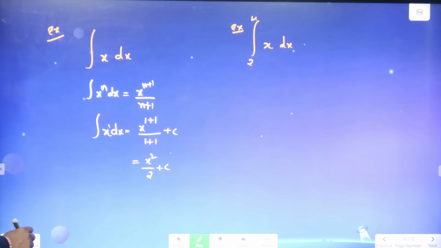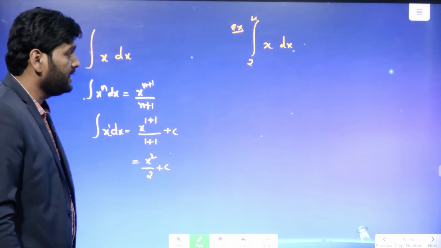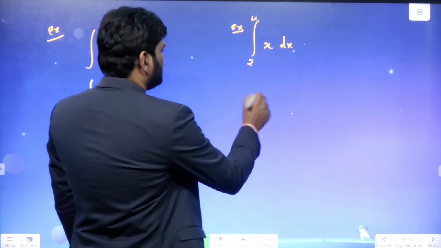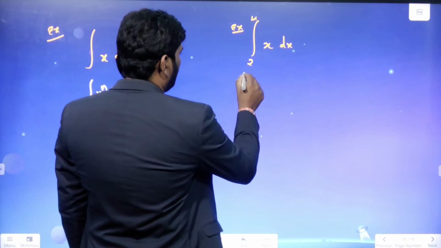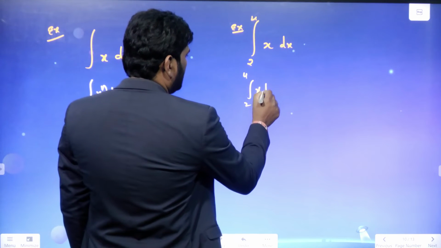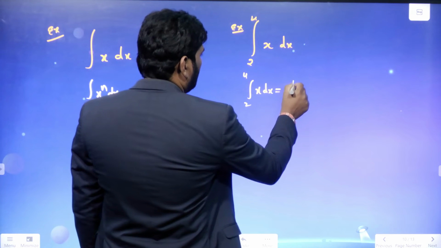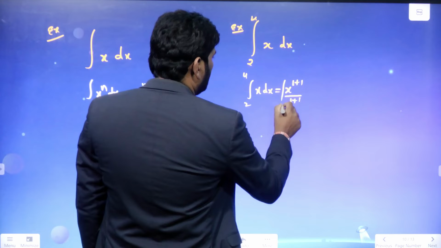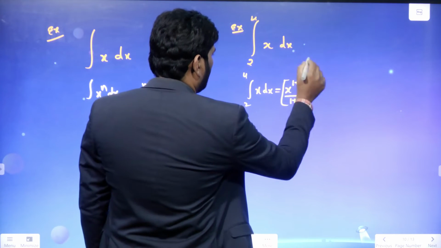So this is your integration. This is called indefinite integration. Coming to the definite integration, you use the same formula. Integral 2 to 4 x dx is equal to x power 1 plus 1 by 1 plus 1, and the limits you can take as it is, 2 to 4.